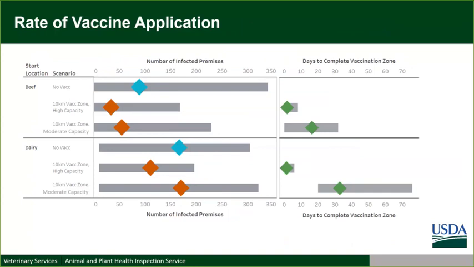And that's what's shown there on the right: the time to complete a vaccination zone across all these different iterations. If you look at the beef, the second scenario of vaccinating within a 10-kilometer vaccination zone at a high capacity, you're averaging getting each zone completed within 1 to 2 days with that 85% coverage. So you're able to not only complete zones quickly, but also handle all the different zones that you might have during an outbreak.